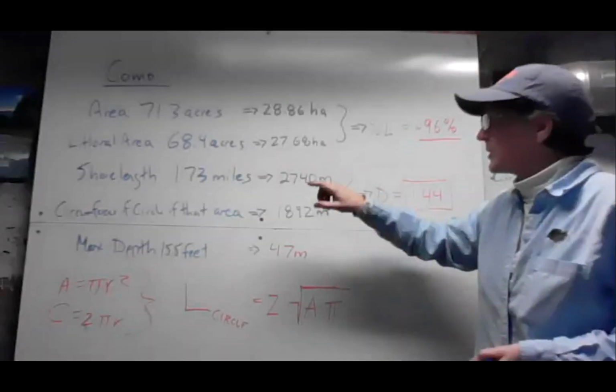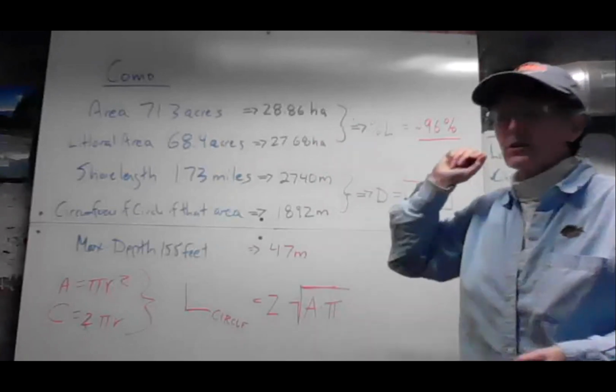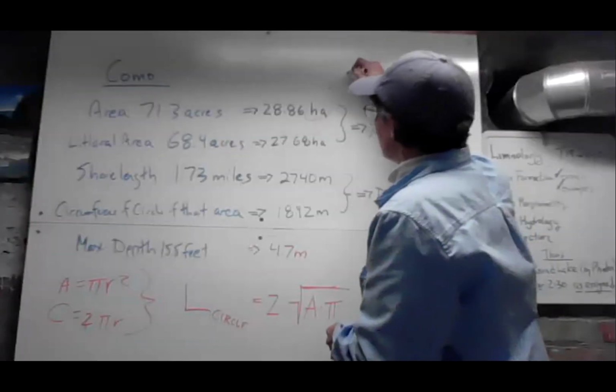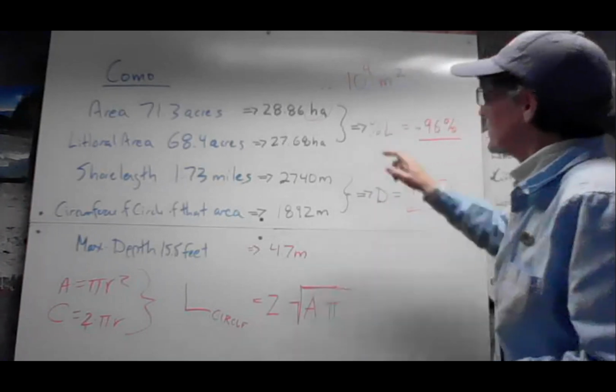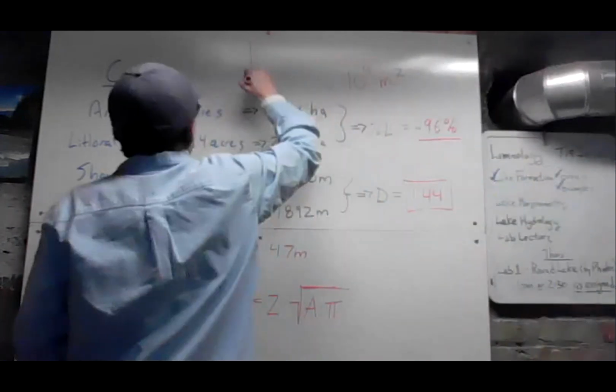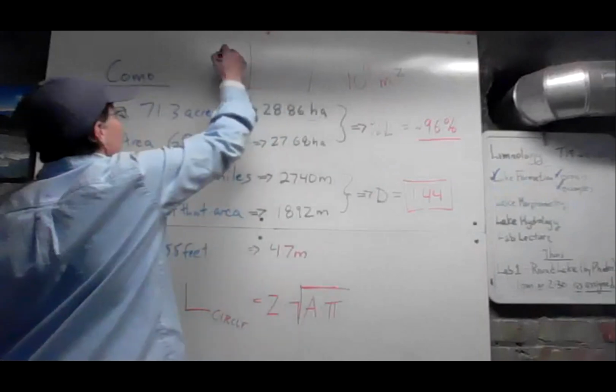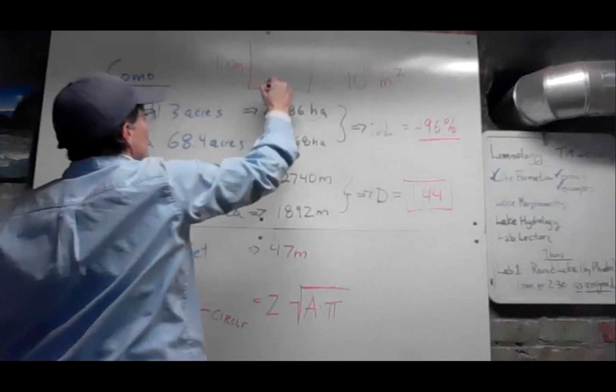And then when you plugged in the area, you just plugged in the hectare value or the acre. I guess it doesn't really matter at that point. You got to plug in the area in square meters. That's the key. And you got to remember that a hectare is equal to 10 to the fourth meters squared. So a hectare is like a square that's 100 meters on each side.